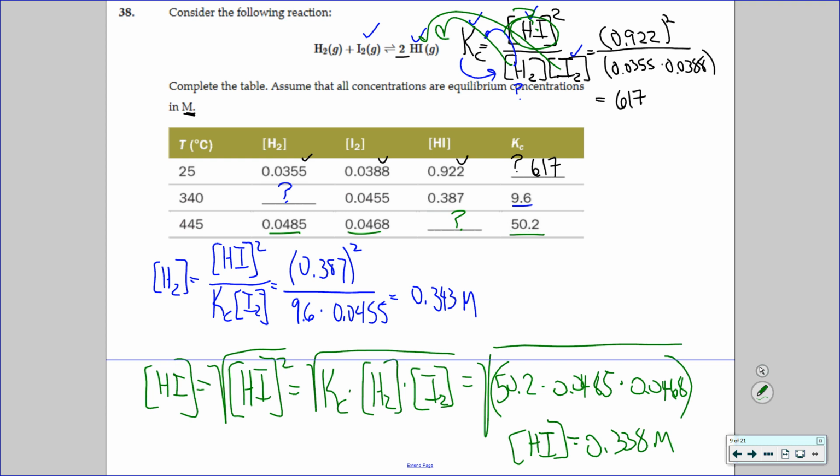The key thing is that if it's at equilibrium, everything's already adjusted and we can go directly to the ICE table or plug it in the K sub C. If it's not at equilibrium, which is what we're talking about in class right now, we've got to let it go to equilibrium first, and then we've got to solve for it. That's what we have to do with the ICE table, and that's a much more complicated problem. We're going to do some of those in just a second. So recognize the easy ones and be able to do those.